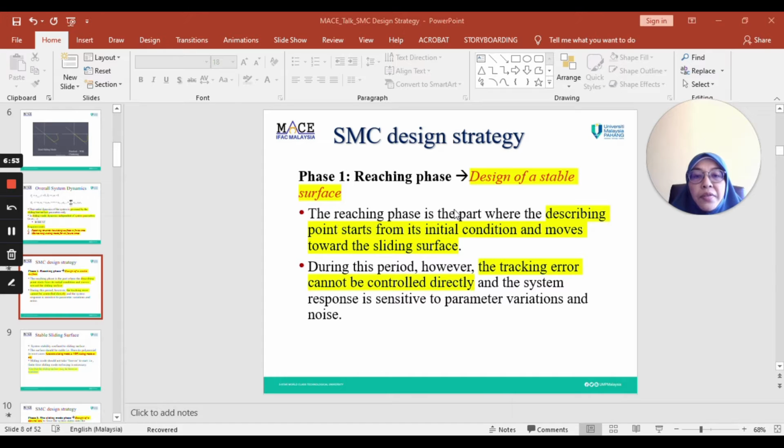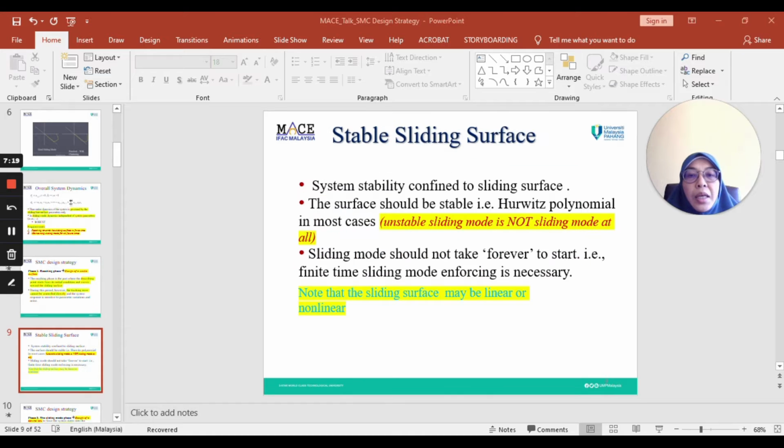This reaching phase is the part where the representative point starts from its initial condition and moves toward the sliding surface. So this is very important in this phase. During this period, however, the tracking error cannot be controlled directly, and the system response is sensitive to parameter variation and noise. So this is during the reaching phase.